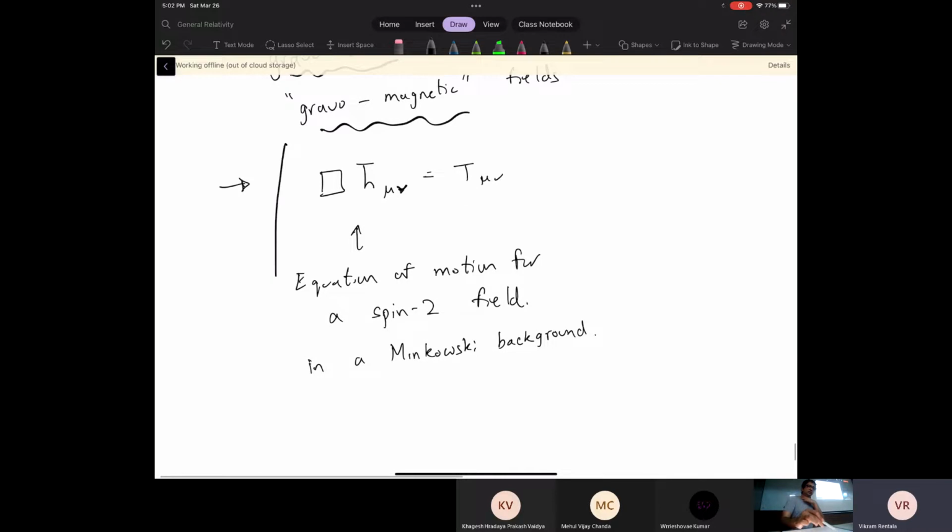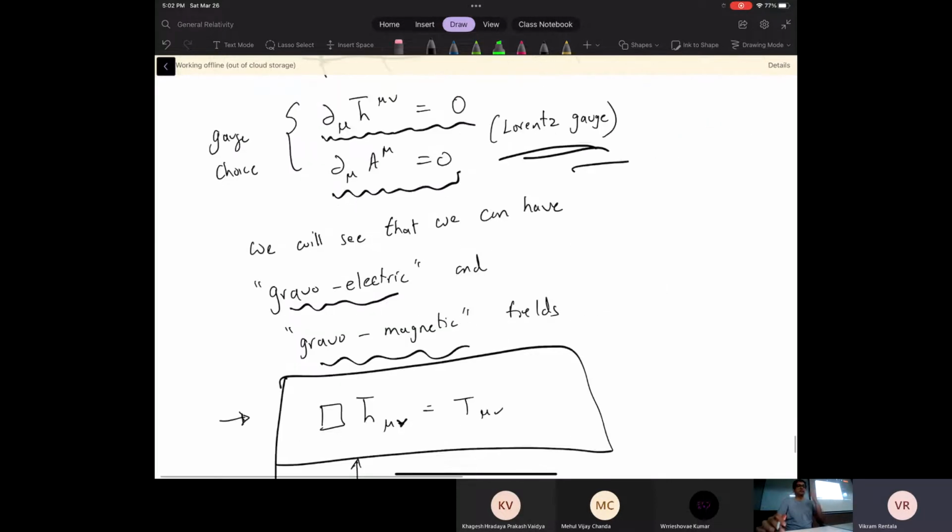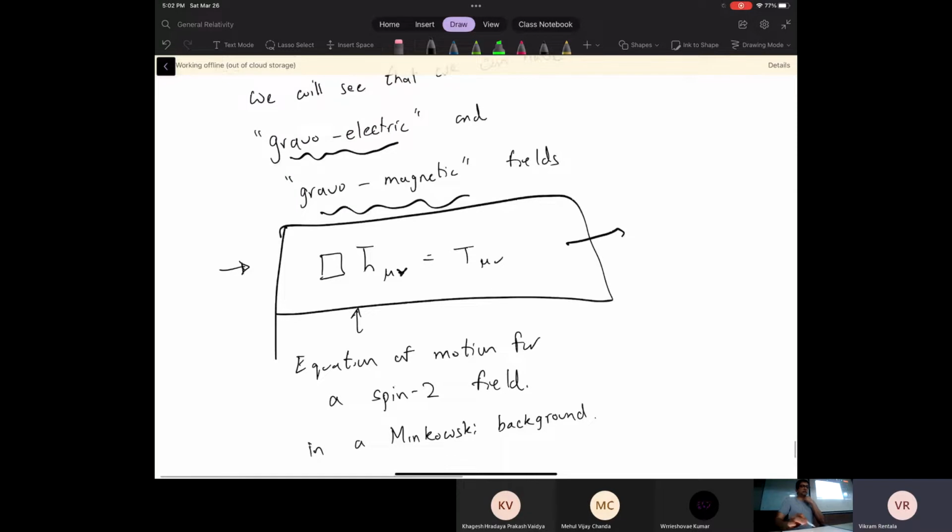By the way, it turns out that just like this equation describes a spin 1 particle, we've not shown that, you may not have seen that yet in your classes, that this describes a spin 1 particle in Minkowski spacetime. This is the equation of motion for a spin 2 field in a Minkowski background. So sometimes you'll hear the statement that gravity describes a spin 2 theory, a spin 2 particle.